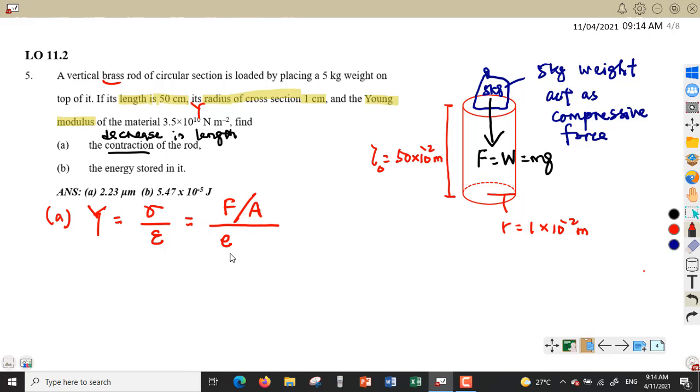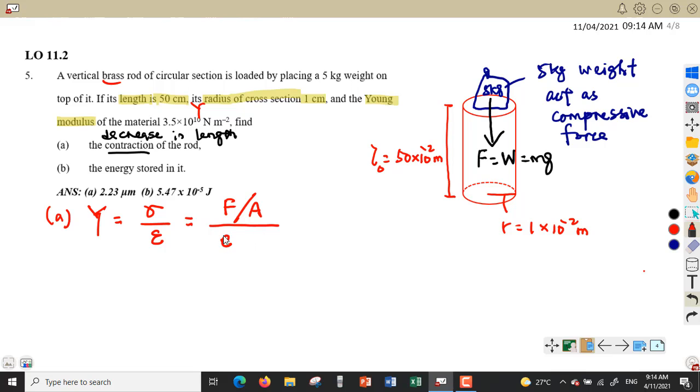So kita tidak boleh panggil benda tu sebagai extension ke elongation dalam situasi ni lah, kelas. Kita tak boleh panggil benda ini sebagai elongation ke extension, sebab sekarang kita tidak ada pemanjangan, tetapi kerana compressive force kita ada contraction, decrease in length.